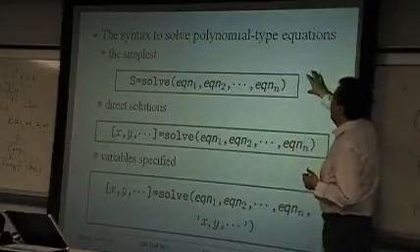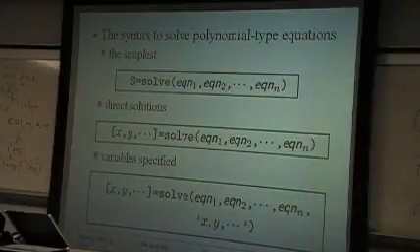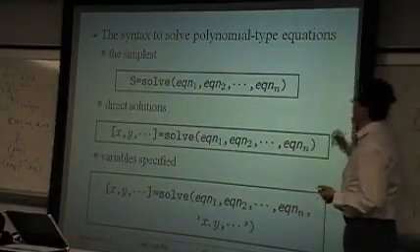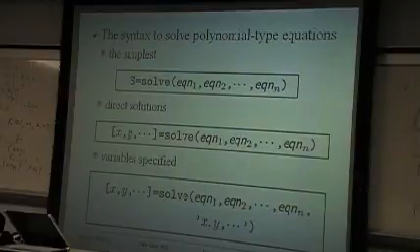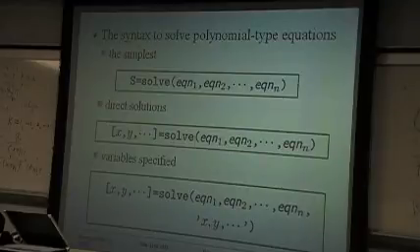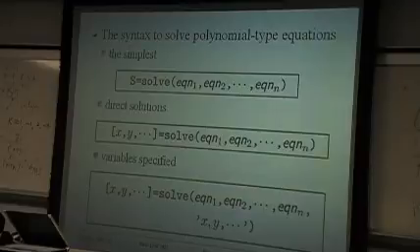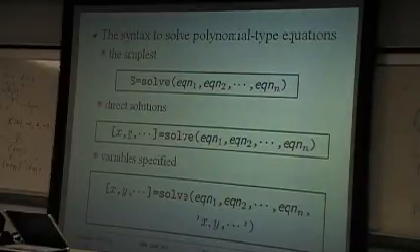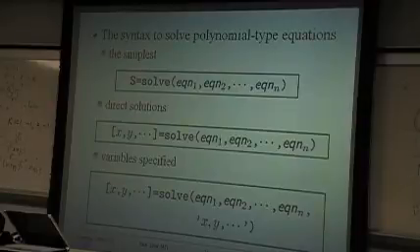We can solve the equations and find the result S. Using the first syntax, we can find the result S. So where are the solutions? The solutions will be given by S dot x or S dot y. So in the first function call, we can use a command like this and find x, and then we can find the solutions to the equations.